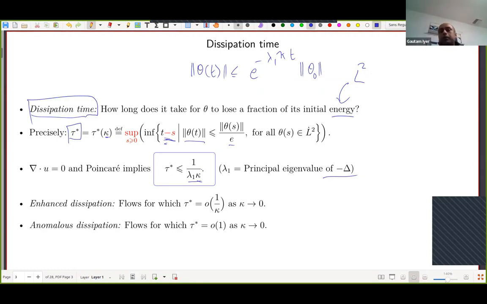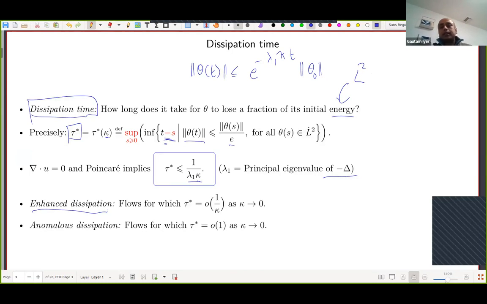The two phenomena I want to talk about in this talk: one is this notion of enhanced dissipation, which is, can we find flows where the dissipation time is much smaller than 1 over kappa as kappa vanishes?